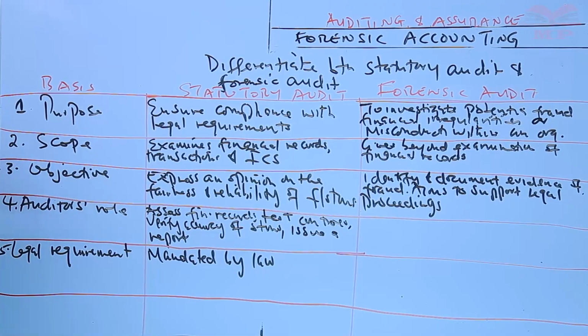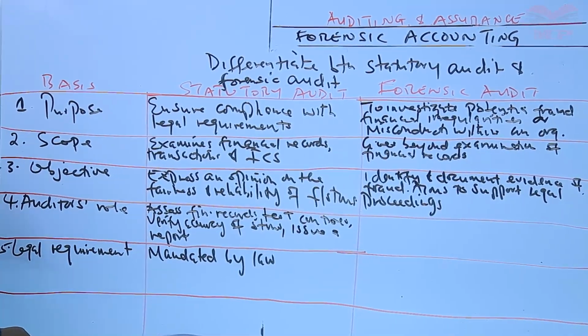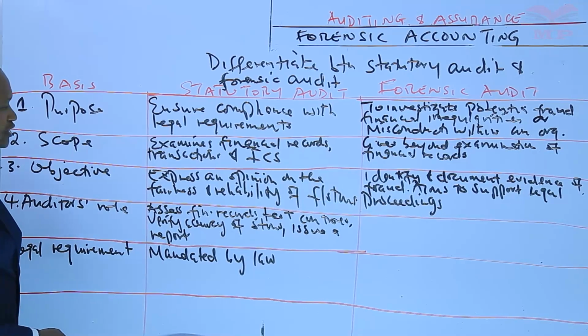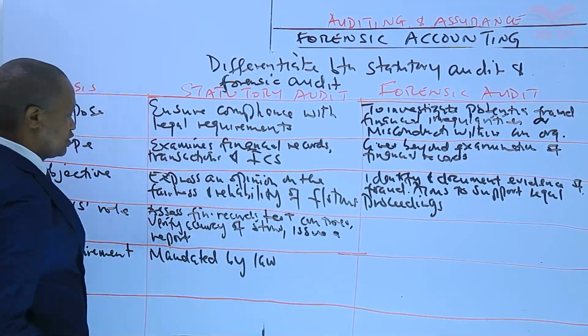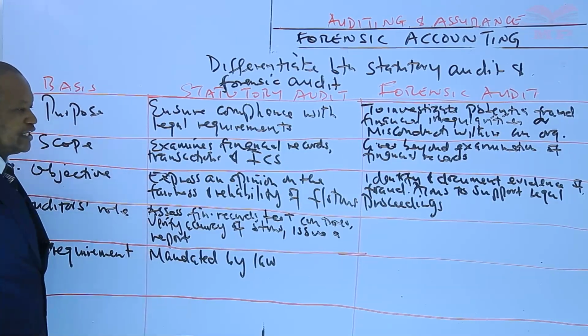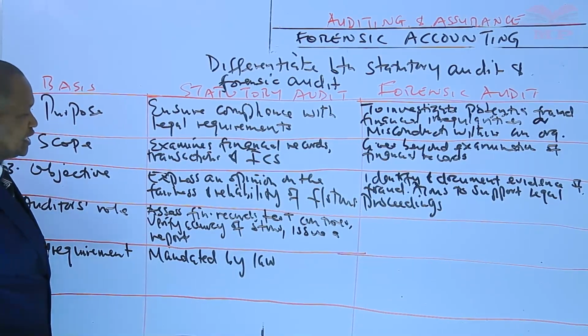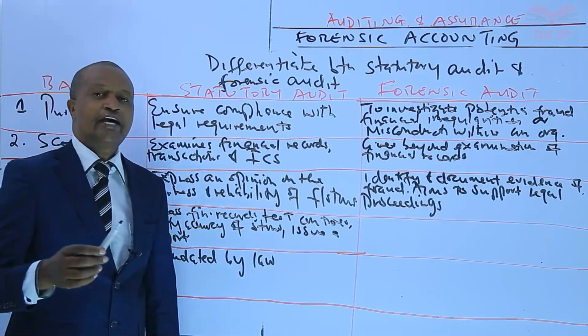Number 4, the auditor's role. The auditor's role in a statutory audit is to assess financial records, to test controls, to verify accuracy of statements, and issue a report.